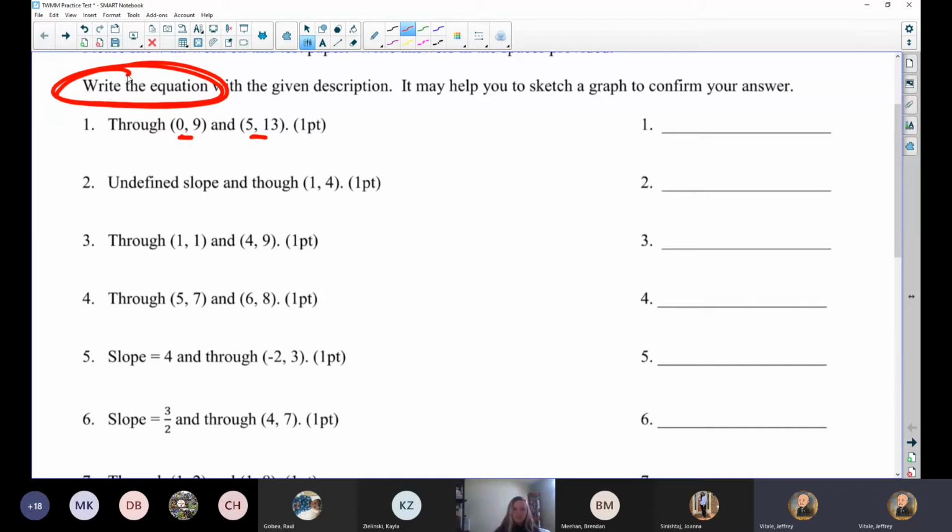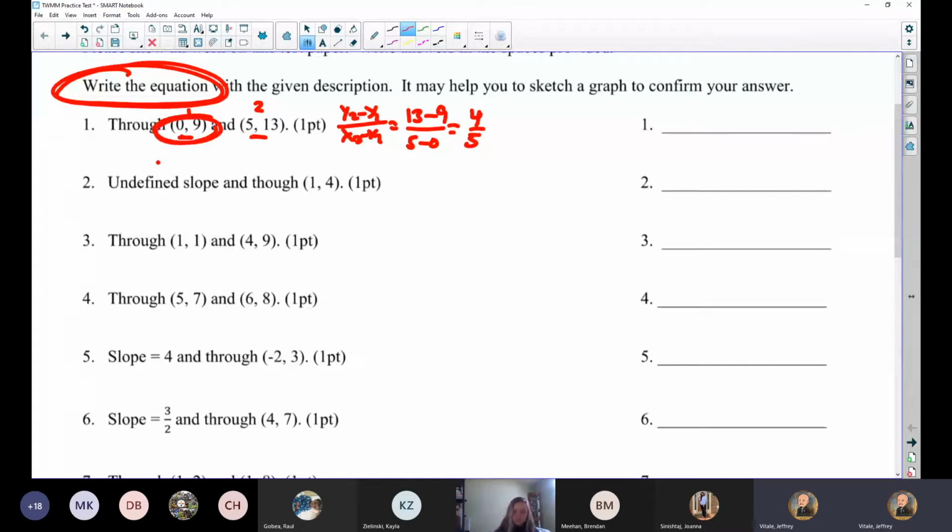If we're finding the slope, because that's one of the things we need, of 2 points, we have to use our little formula. So 13 minus 9 and 5 minus 0, and it's 4/5 is the slope. Now, look at this point here.